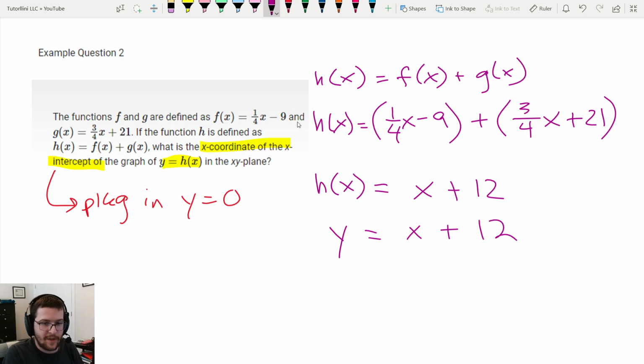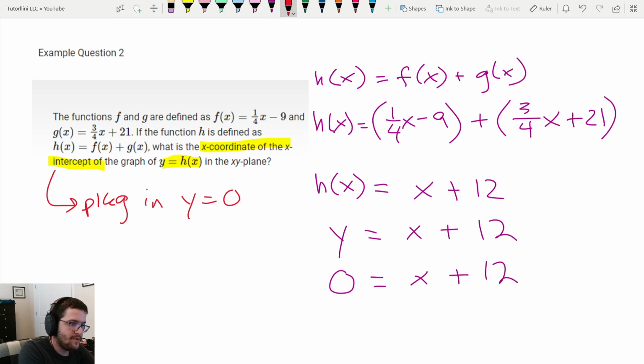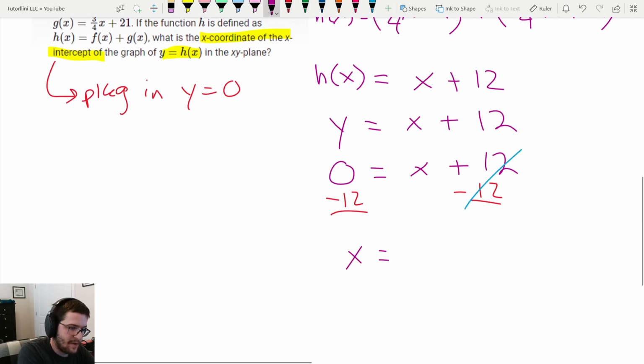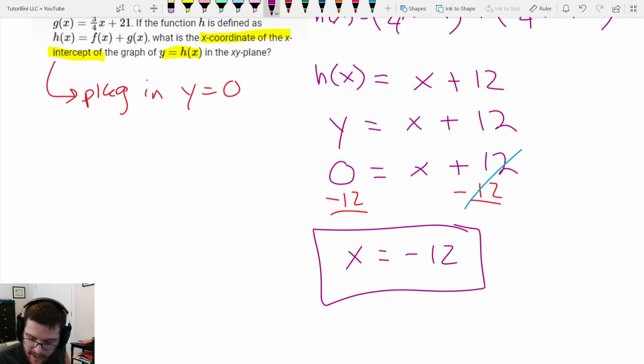So always make the other letter 0. So I'm going to make y equals 0. And now I'm going to subtract 12 from both sides. And I get x equals negative 12, which is the x-coordinate of the x-intercept. That is right.